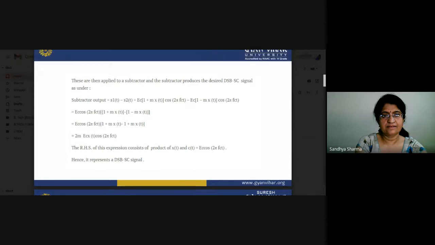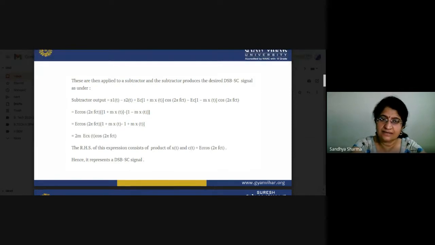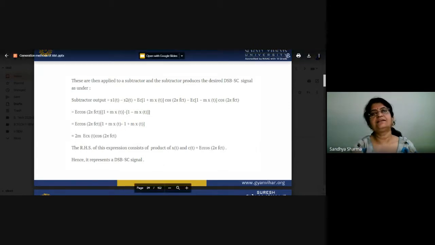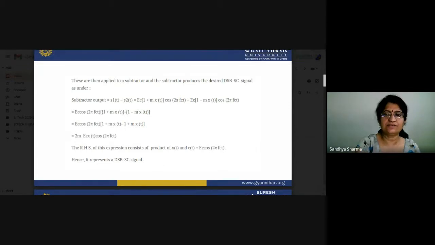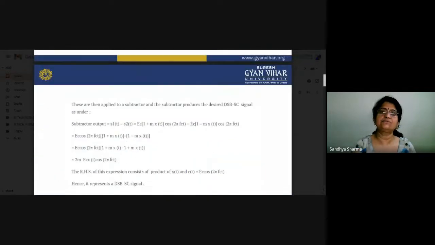This is equivalent to 2m Ec x(t) cos 2πfct. Again, this is the product of modulating signal and carrier signal. So this is again the DSB-SC signal. In this way we can see this is another method using balanced modulators. By using the balanced modulator, we can generate the DSB-SC signal.